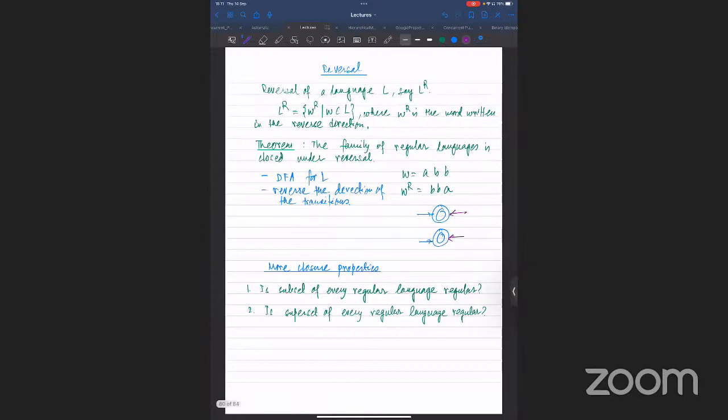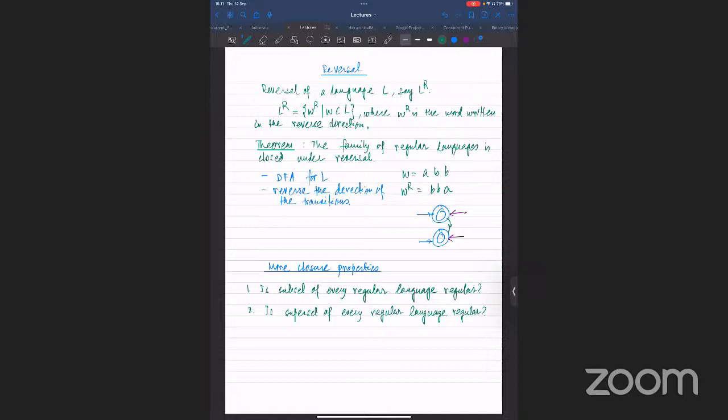The thing you are not considering is that the final states may be connected. For each final state you are going to make a separate DFA. Okay, so you are going to take this and consider the union. Sure, so this is one way.